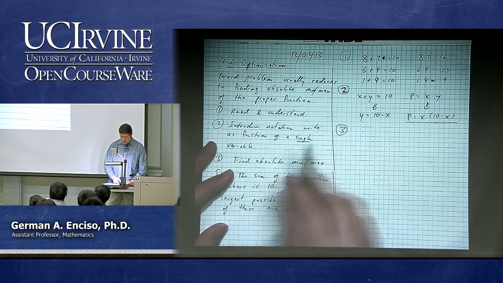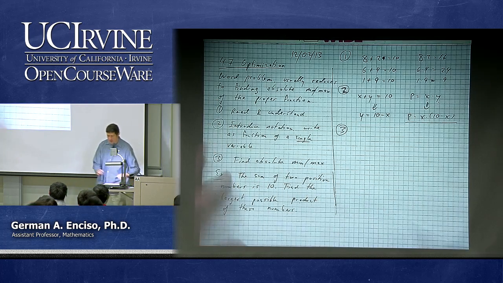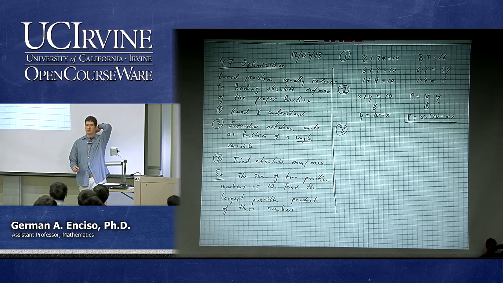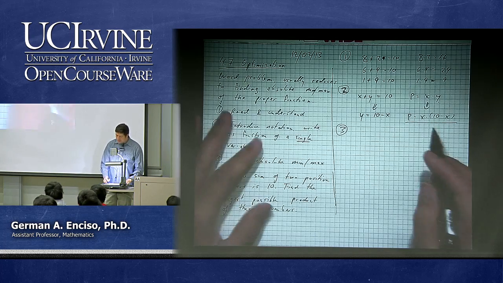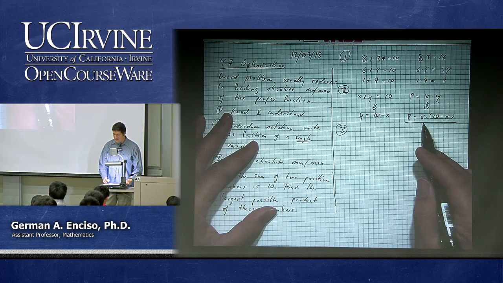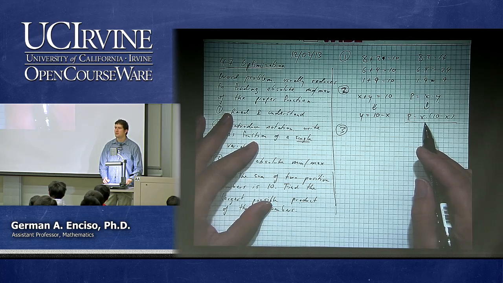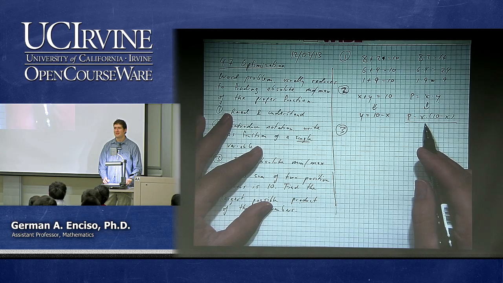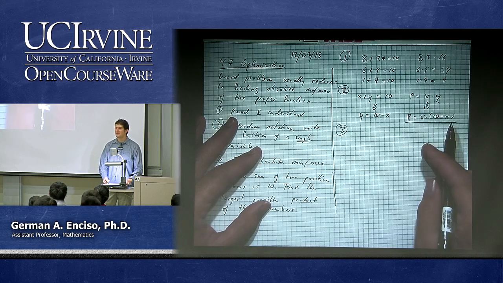And now the step is to find the absolute minimum and maximum of that function. By the way, what is the least possible value of x?